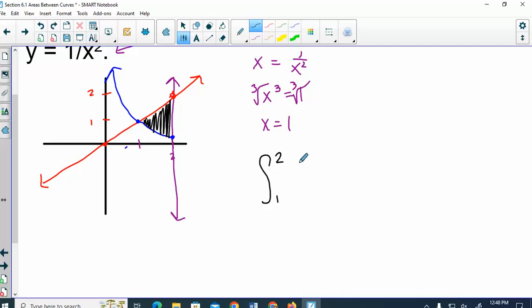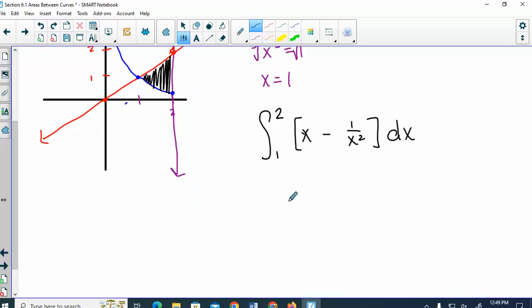F of x is the top function, which is y equals x, so we'll just put in x, minus the other y value was 1 over x squared, or x to the negative 2. They're the same. And then don't forget your dx. Alright. So for antiderivative purposes, it probably is nicer to write that as an x to the negative 2.